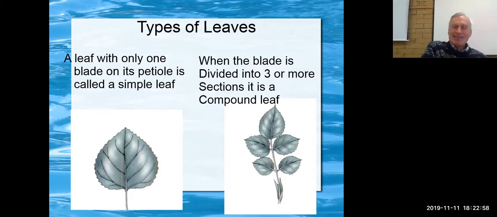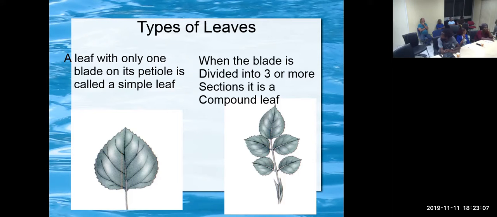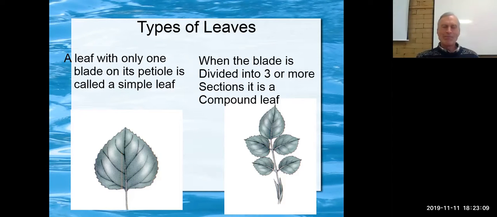But I didn't add that to the presentation because I thought you had enough names in your head already. Yeah, there's a real extensive section on leaves on Wikipedia, and you'll be able to learn hundreds of names if you want.